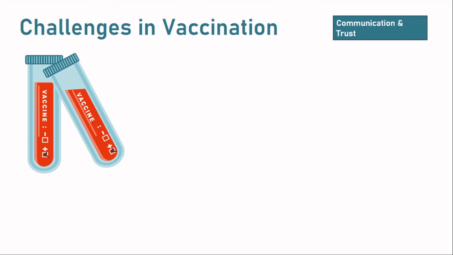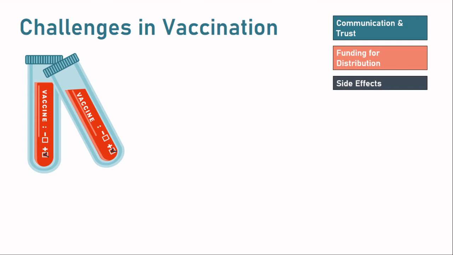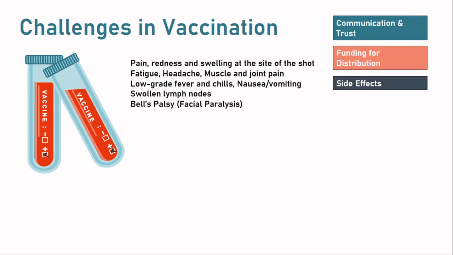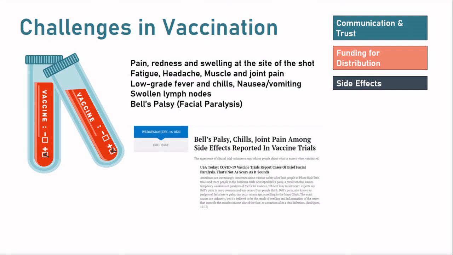So distrust is what people are showing over vaccines, and yes, there is a problem with funding and distribution of the vaccines that have been created all over the country. There are certain side effects seen which are mild, but yet they are seen, and there are reports.